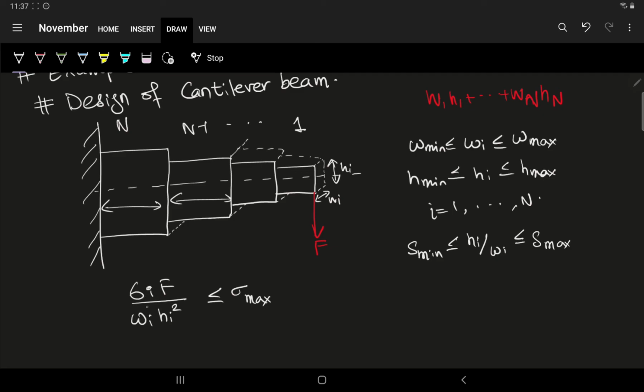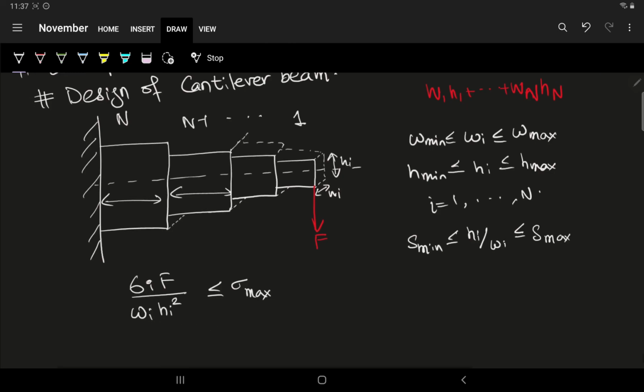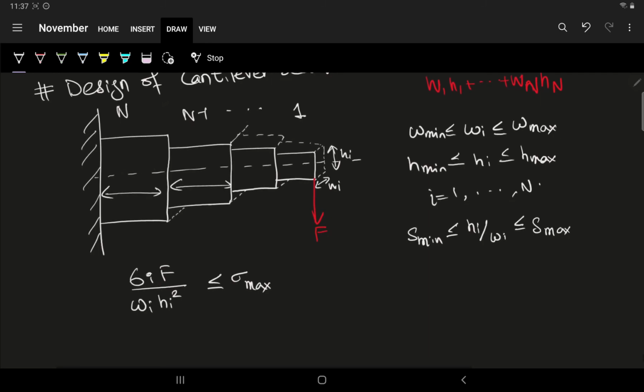And this value is actually the segment-wise stress, the maximum stress in segment i.